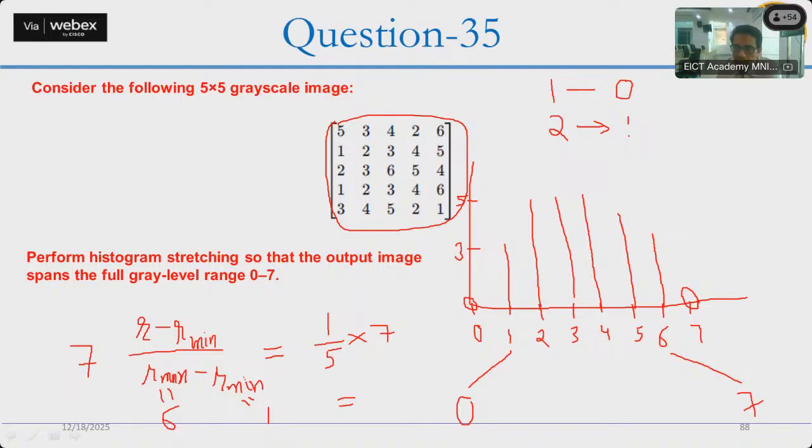Yes, able to. What about 3? हाँ, 6 minus, see, minimum will be 1 only. 3 आपने कैलकुलेट कर दिया, कितना आ रहा है? 2/5, 14/5.